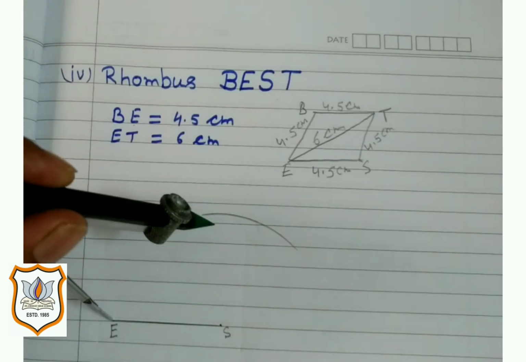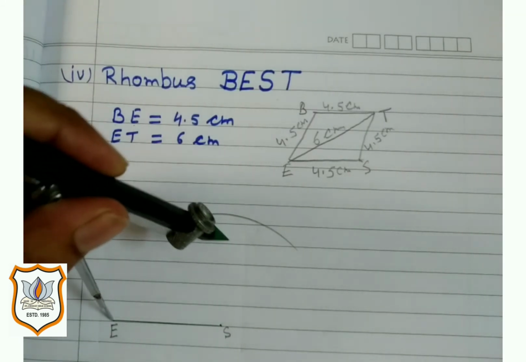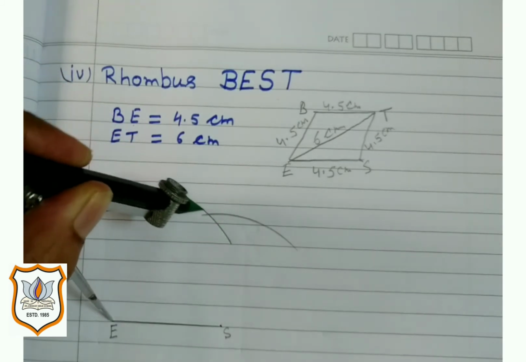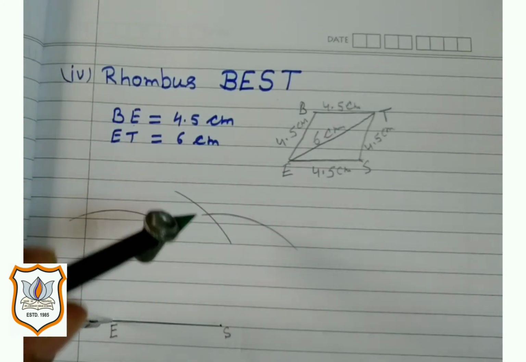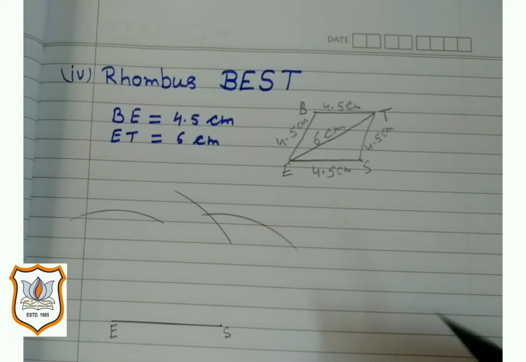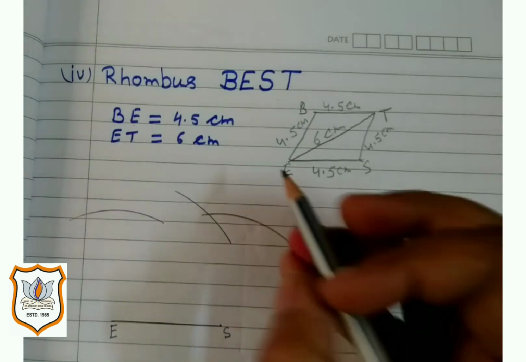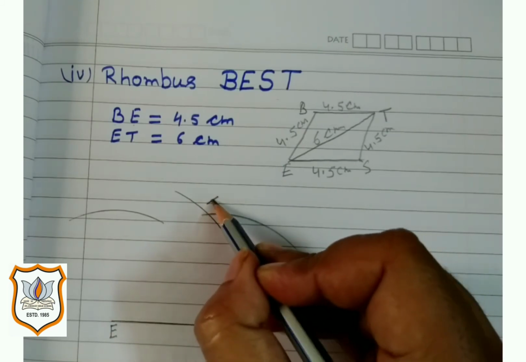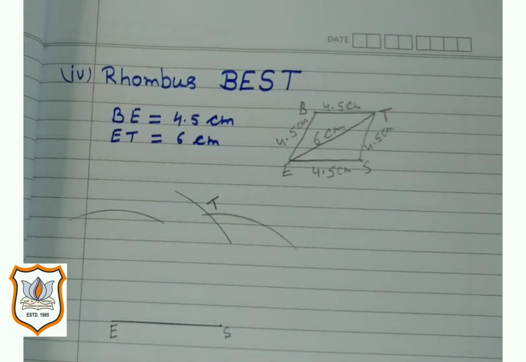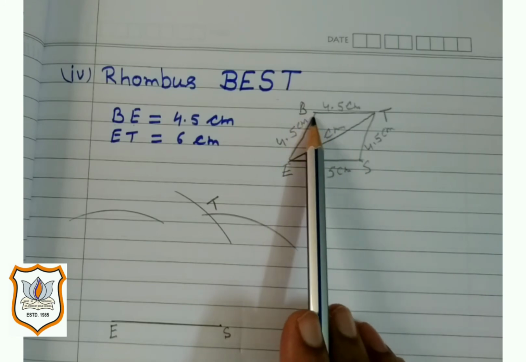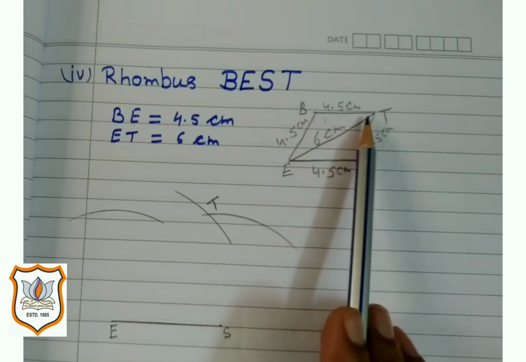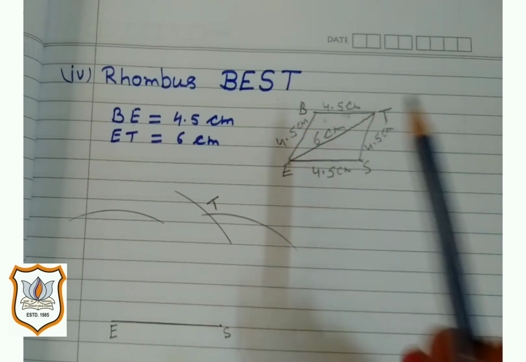This is E, and we will take E as a center, and we will draw an arc that intersects the previous arc at point T. So we write here T. This is T. Now we will draw line BT, and BT is 4.5 centimeter.